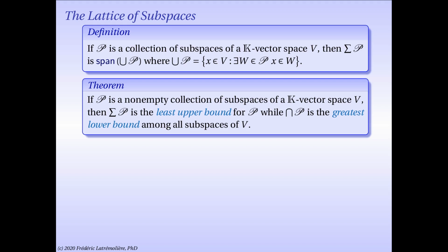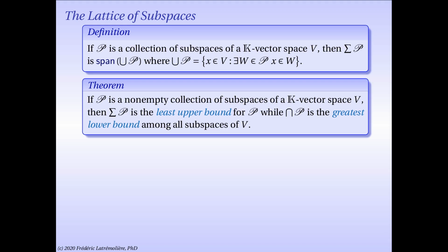If P is a non-empty collection of subspaces of a vector space V over a field K, then the sum of P is a supremum or least upper bound for P, while the intersection of P is a greatest lower bound or infimum for P among all subspaces of V, that is, in the set of subspaces of V ordered by inclusion.